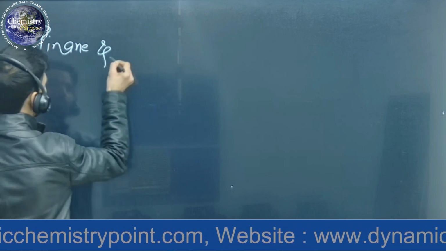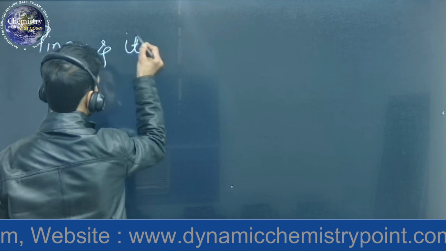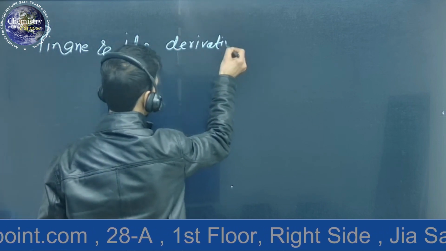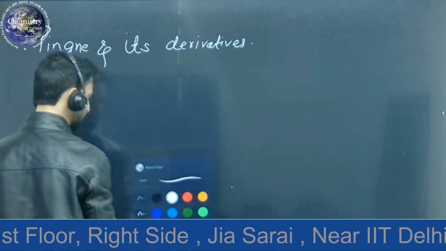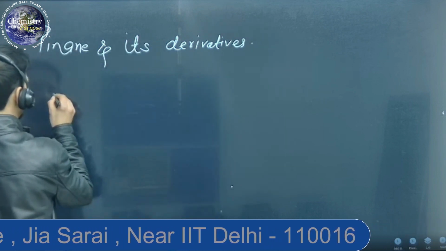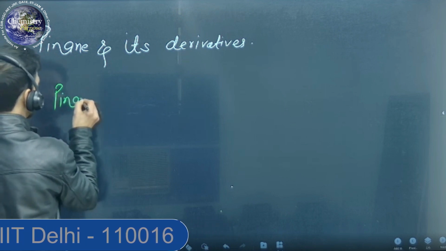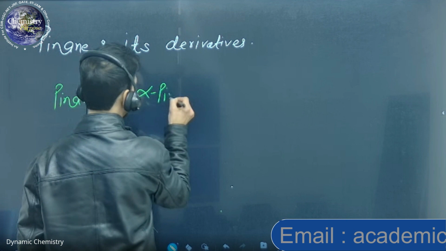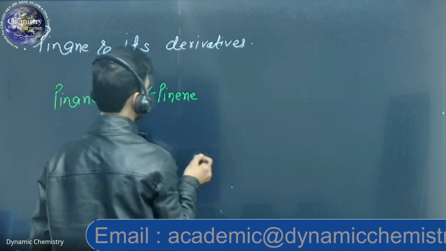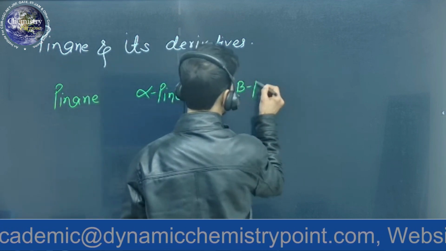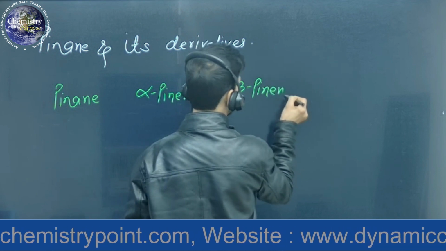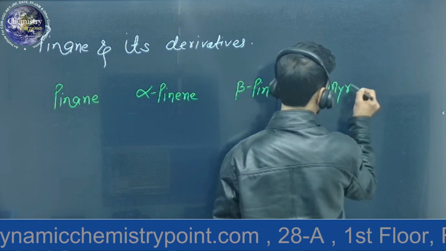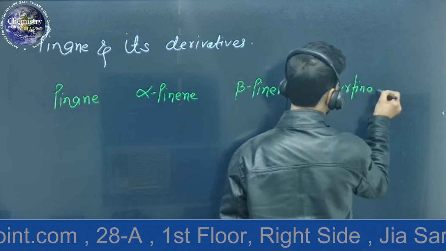First example here is pinene, second one alpha pinene, third one beta pinene, and even another one, that is myrtenol.